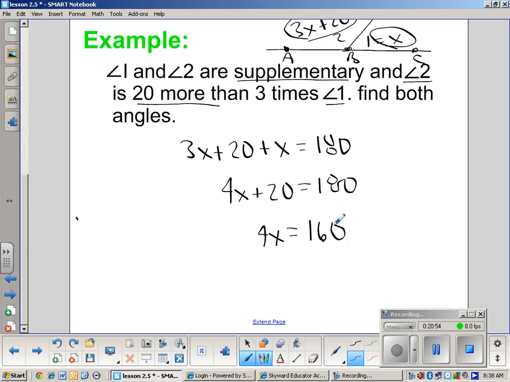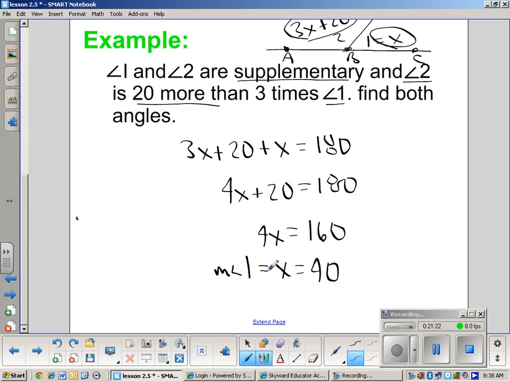What do we do next? Divide by 4. So x is equal to 40. 160 divided by 4: 16 divided by 4 is 4, so 160 means there'd be a 0 at the end of that. All right? So x is which angle? Angle 1. Measure of angle 1. What did they ask for? Both.